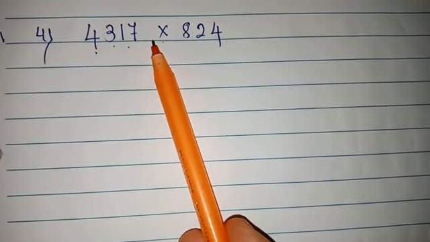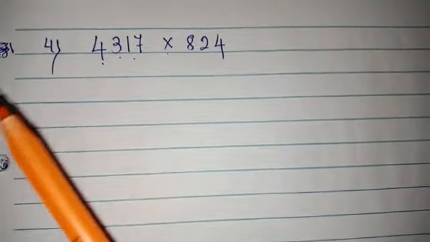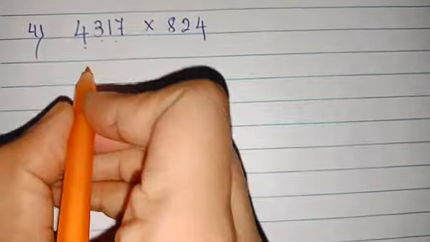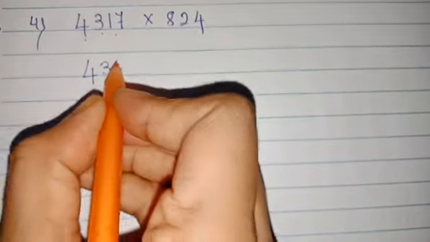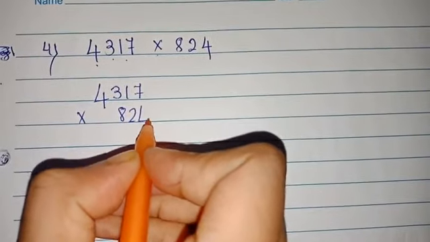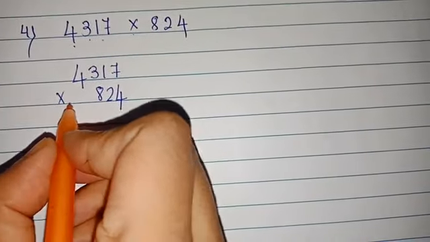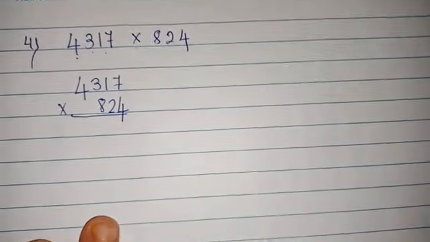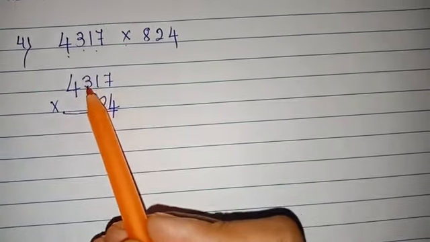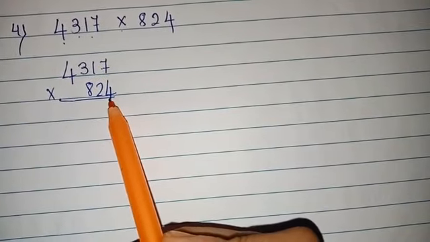4317 multiplied by 824. Okay, first we will arrange them in vertical form like this. Right, now first we will multiply 4317 by 4.